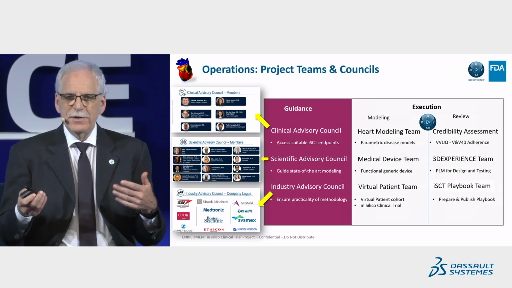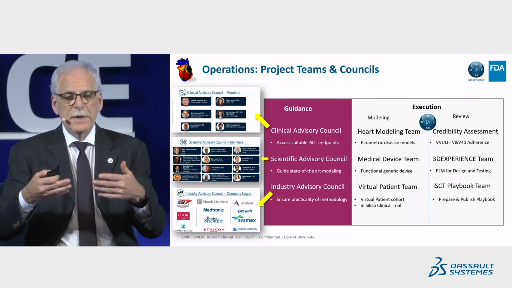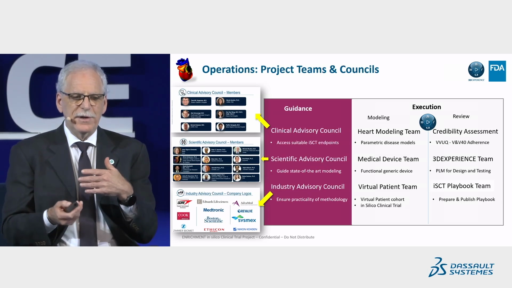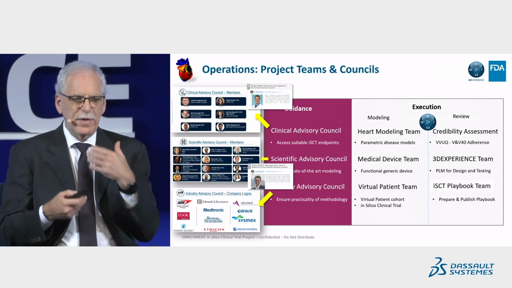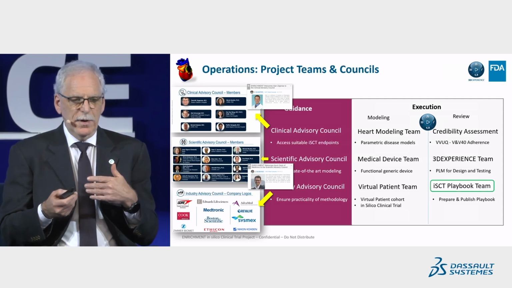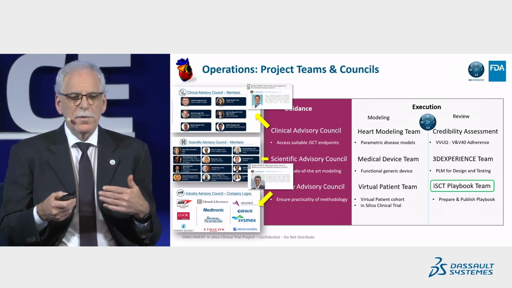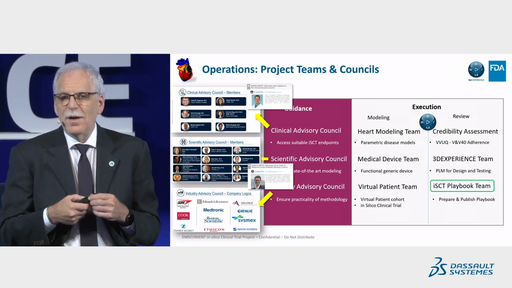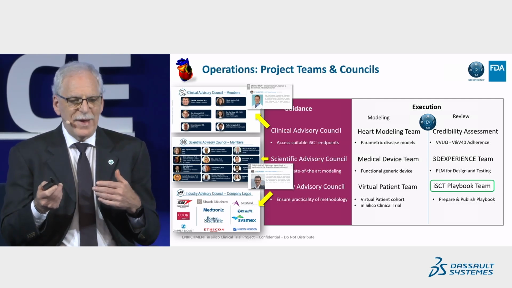The Scientific Advisory Council to make sure that we were following the best practices necessary, and the Industry Council to make sure you could actually implement. And then we had teams that were set up to do everything. And we made some adjustments along the way as people came on board. And in the end, as Kenny alluded to, we had what we called colloquially the Playbook, which was now published and announced just yesterday as a manuscript.